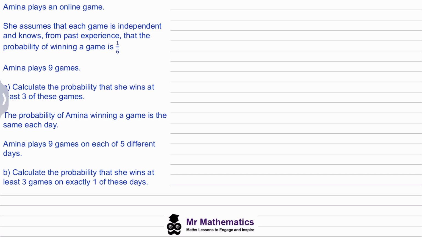Okay, so how did you get on with that? If we define our model as X being distributed binomially, we've got 9 trials and our probability of success of 1/6. And we want the probability that she wins at least 3 of these games. So the probability that X is greater than or equal to 3.